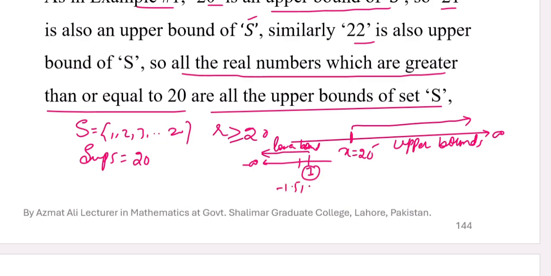All these numbers are lower bounds, but among all these lower bounds, the greatest or largest lower bound is 1. So 1 is the infimum of set S.